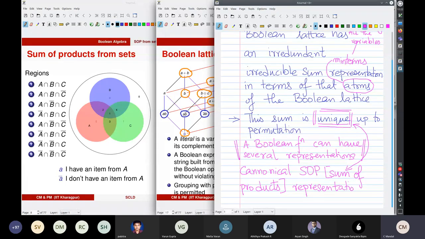All right. So, do you get this? This is a very important point to note. This is called a canonical sum of product representation.